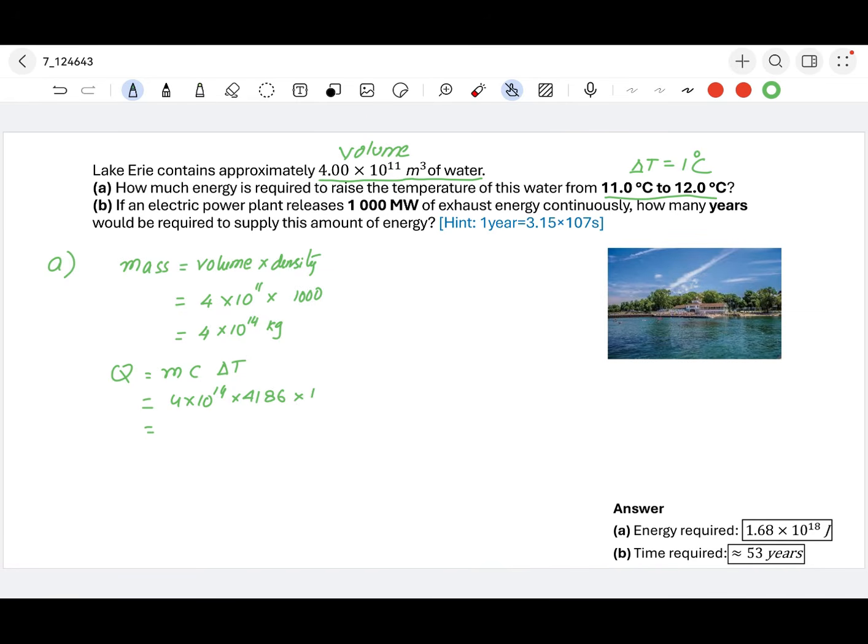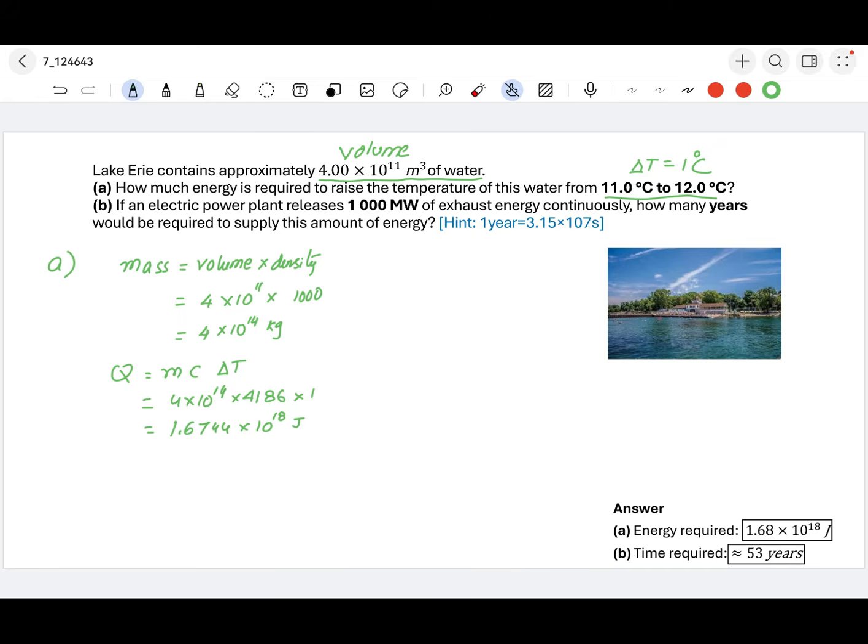Use the calculator. 4 times 10 to the power of 14 times 4186. The answer is nearly 1.6744 times 10 to the power of 18 joule. We finish. Next one.